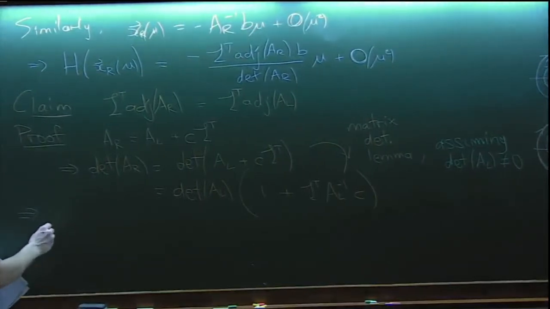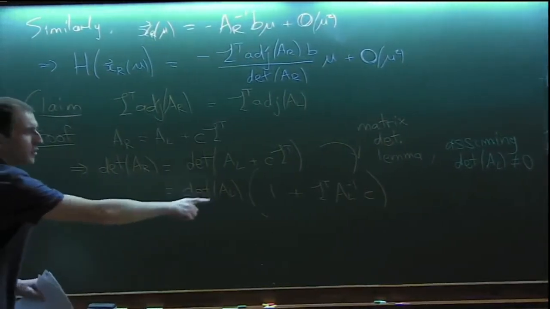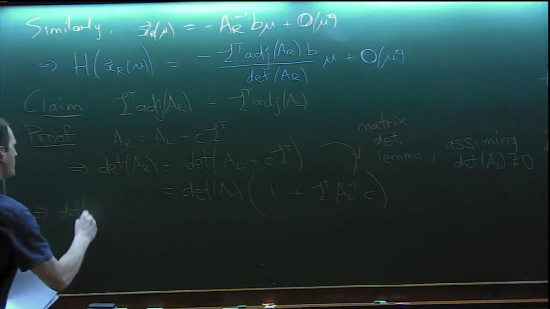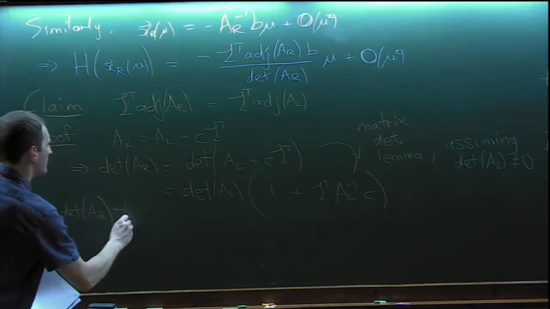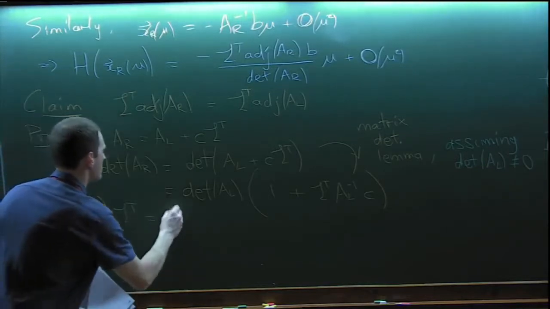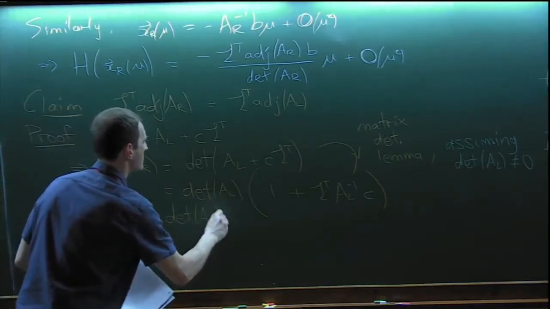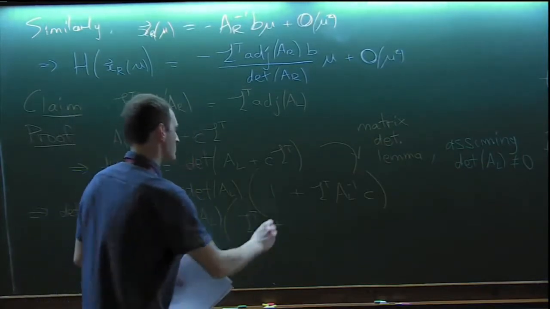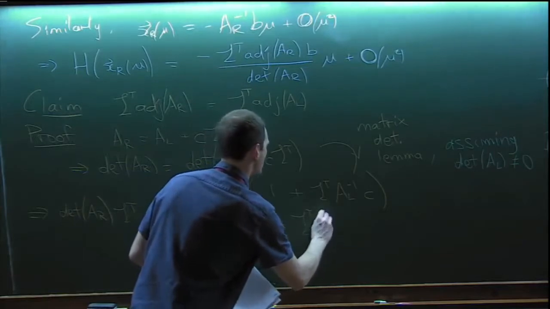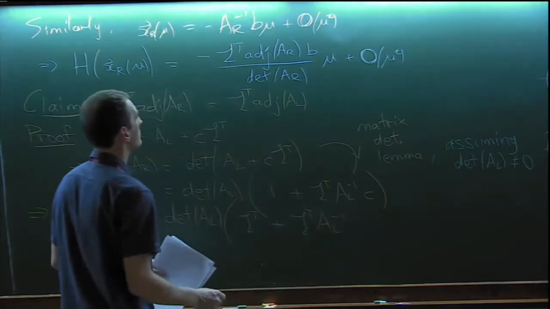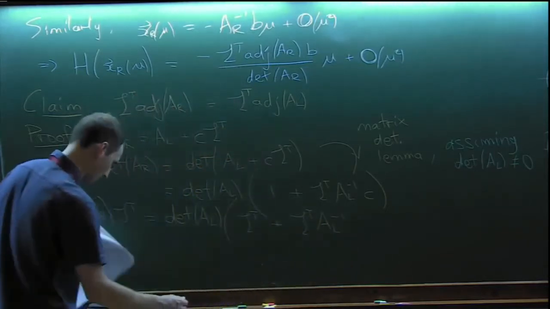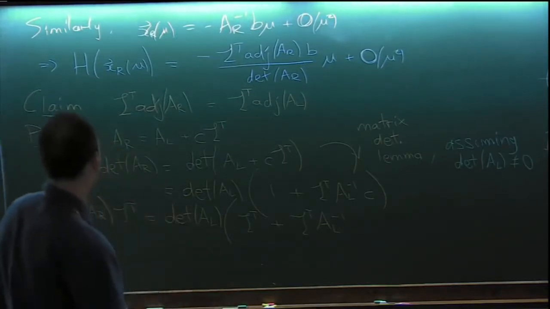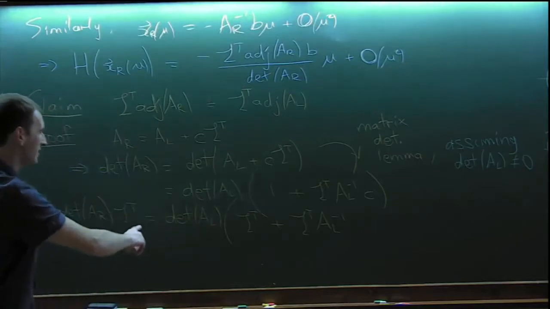Next, I'm going to multiply the whole thing by zeta transpose. I'm multiplying the whole equation by zeta transpose.